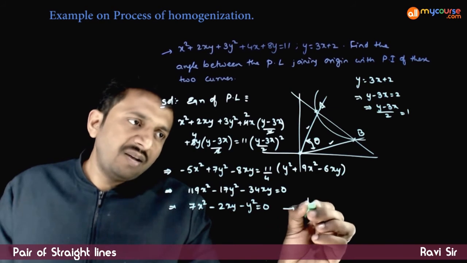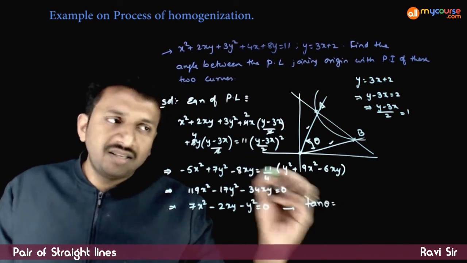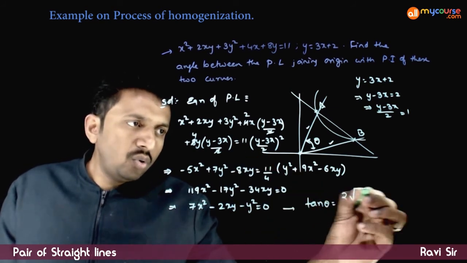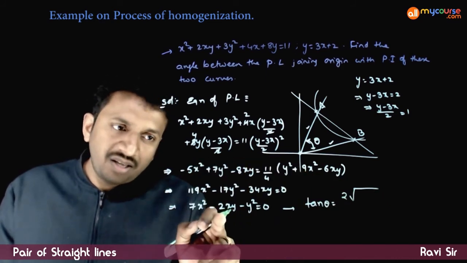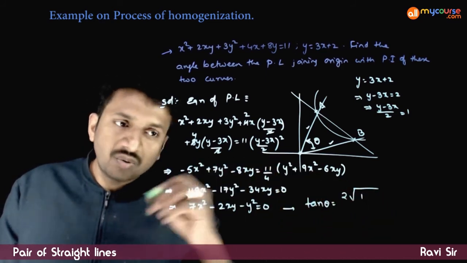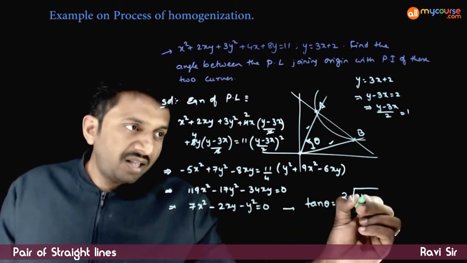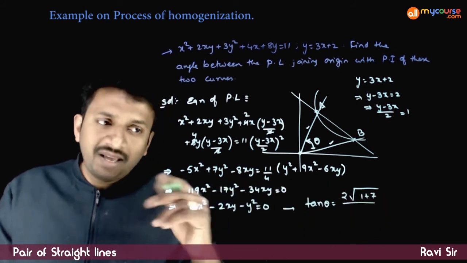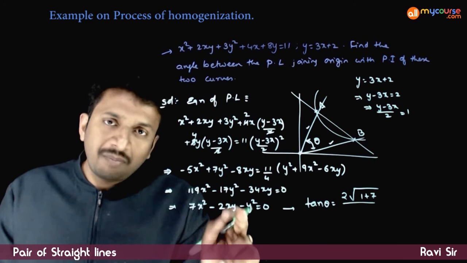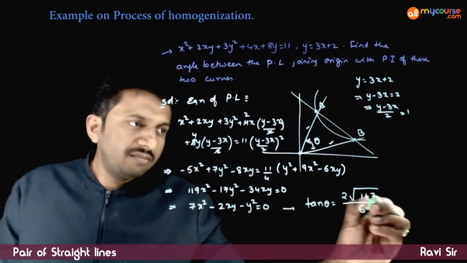So what is the angle between the pair of lines? Tan theta is equal to 2 root of h square minus ab, by a plus b. h is 1. So 1 square is 1, minus ab is plus 7, by a plus b, 7 minus 1 is 6.